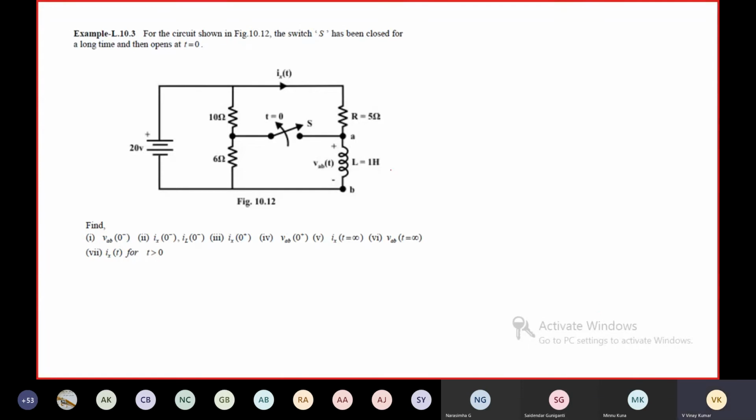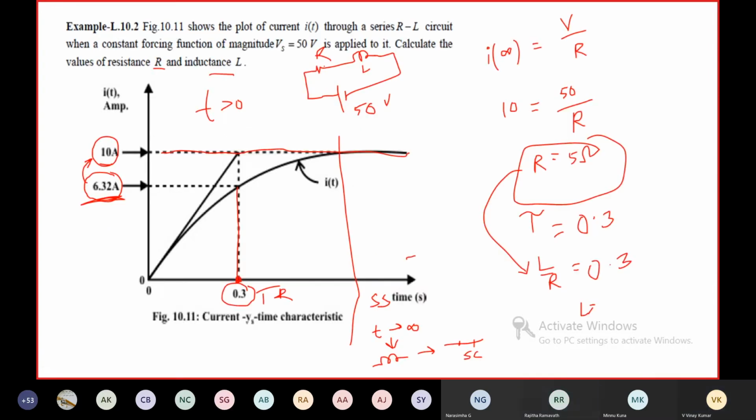Now, let us go for the next problem. Sir, did you put the problem up again? Okay, fine.